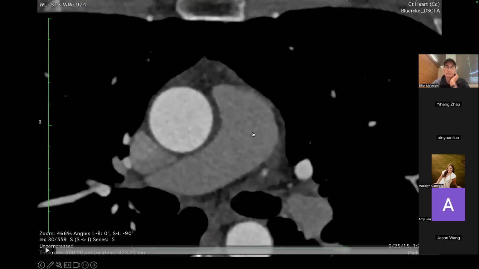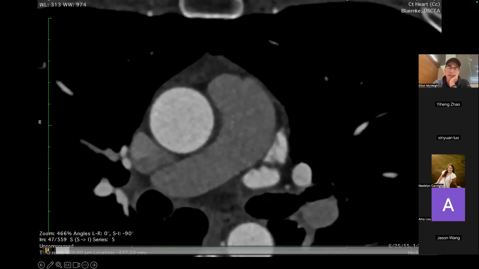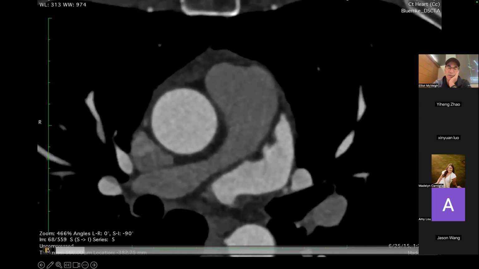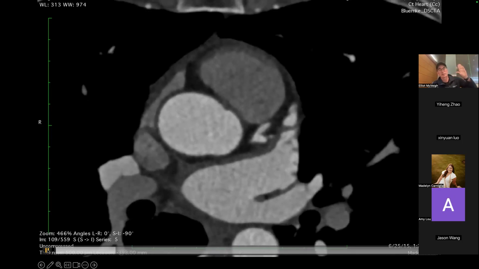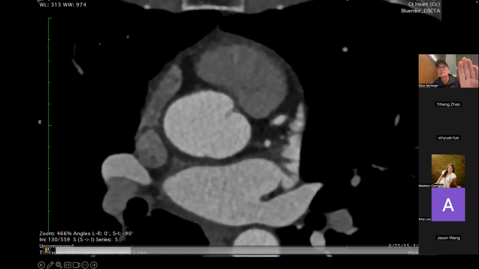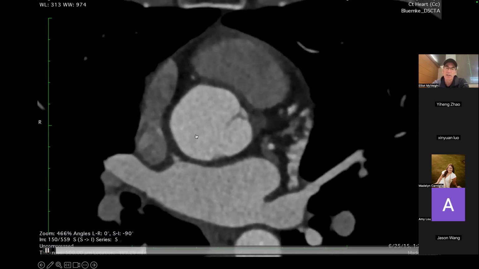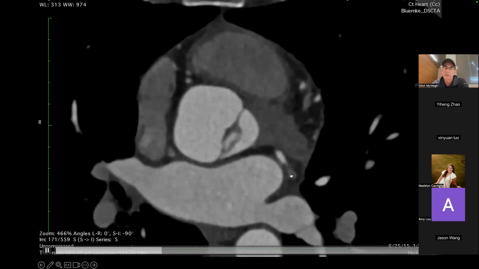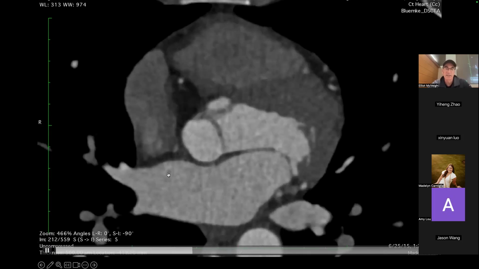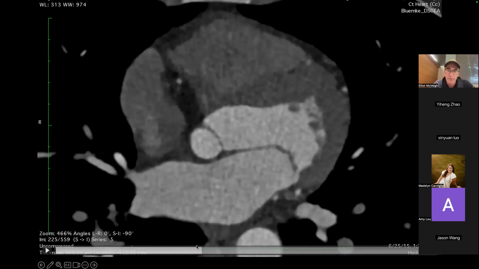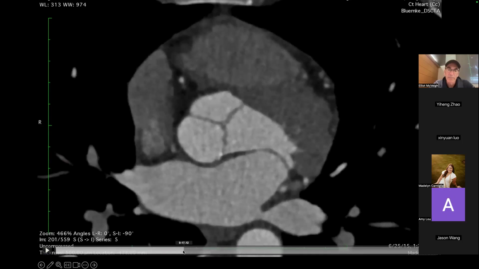So here's the data you get out of that: a stack of two-dimensional slices, and we're just going from the top of the heart and pushing down. This is the aorta. This is the left atrium. These are the pulmonary veins you just saw fire off there. That is the aortic valve right here.